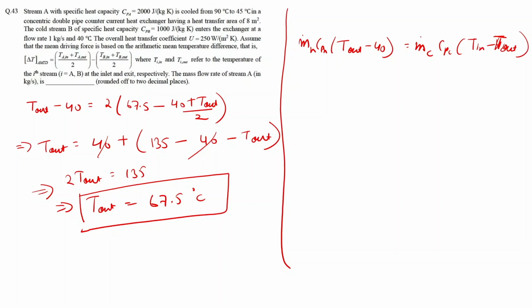So from here we can replace the values. So that is mass flow rate was 1 into 1000 into T out minus 40. M dot A into CP of A, where CP is given as 2000, into the temperature changing from 90 to 45.